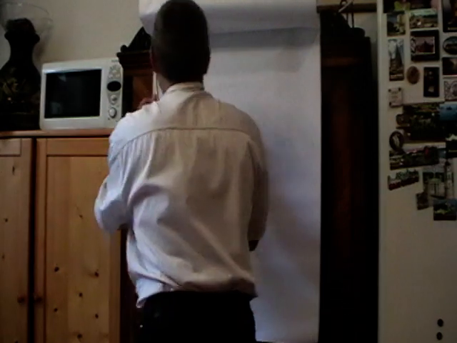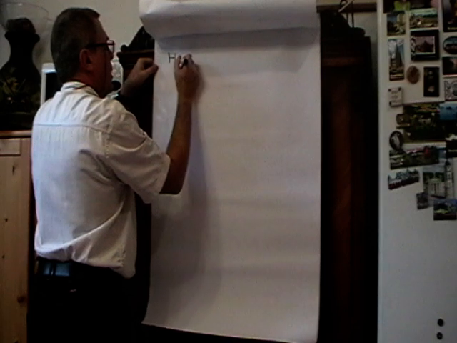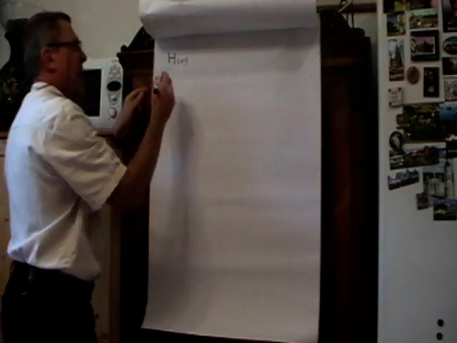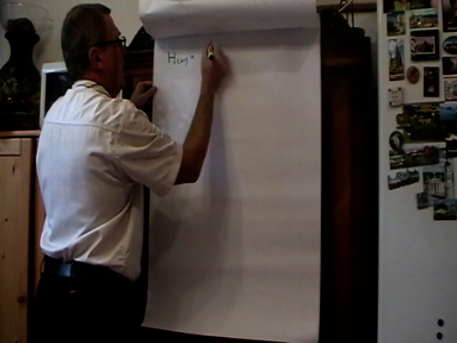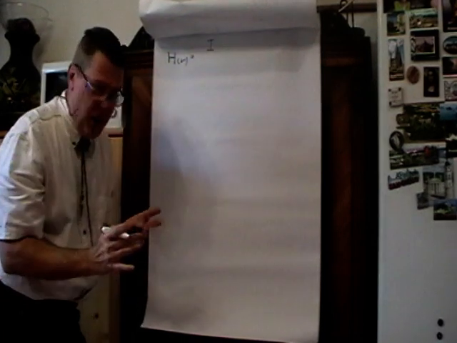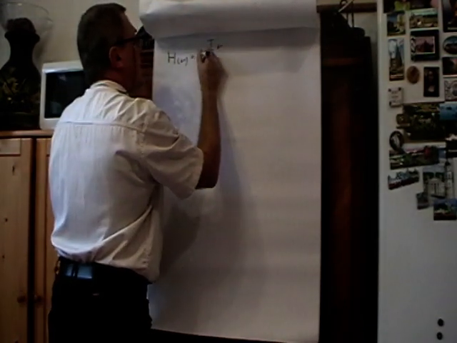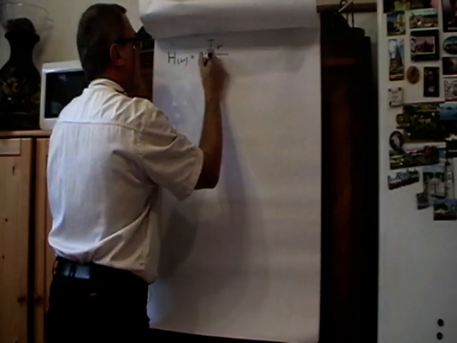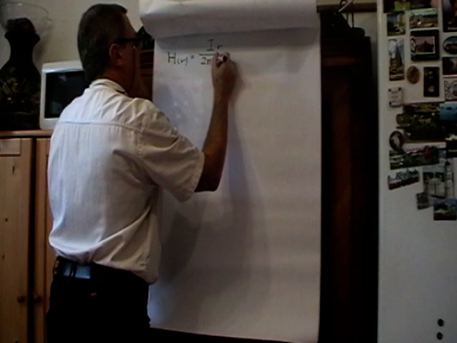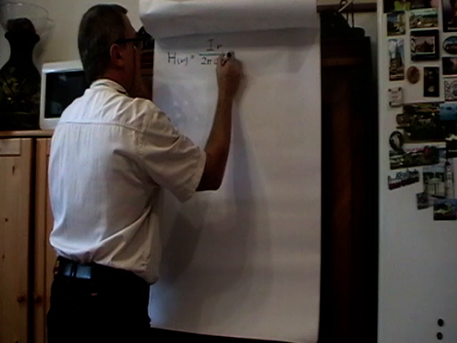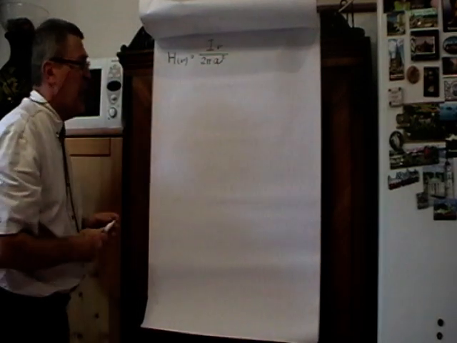I will rewrite it. H as a function of radius is equivalent to I, which is the total current through the conductor, times r divided by 2 pi a squared. This is the magnetic field intensity.